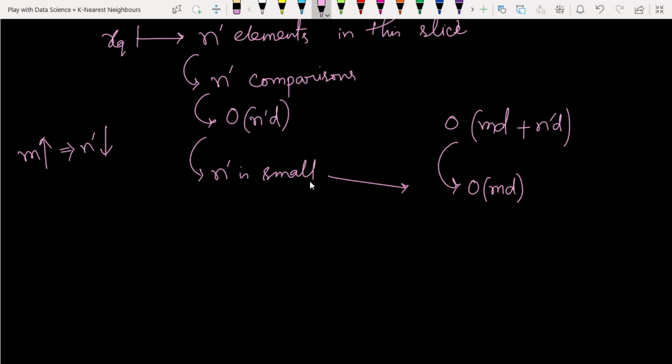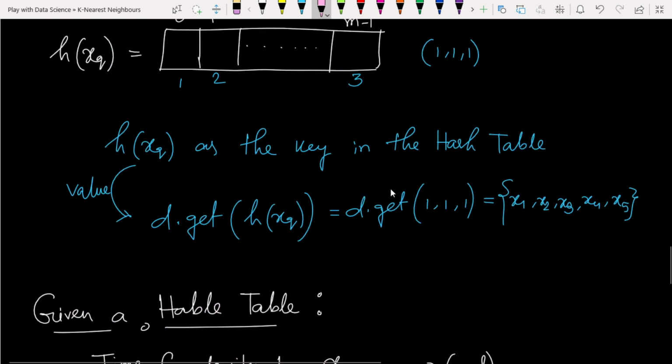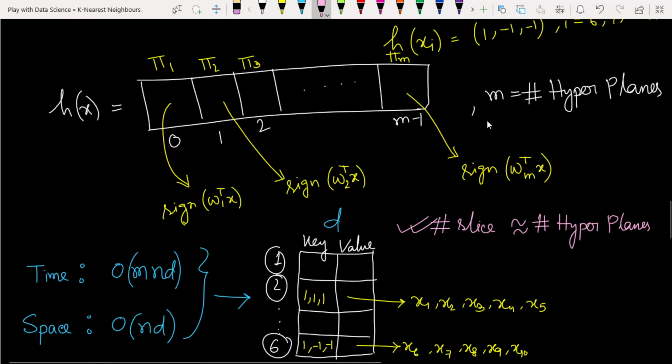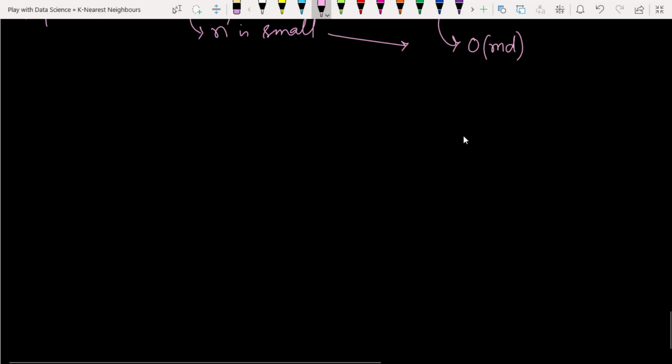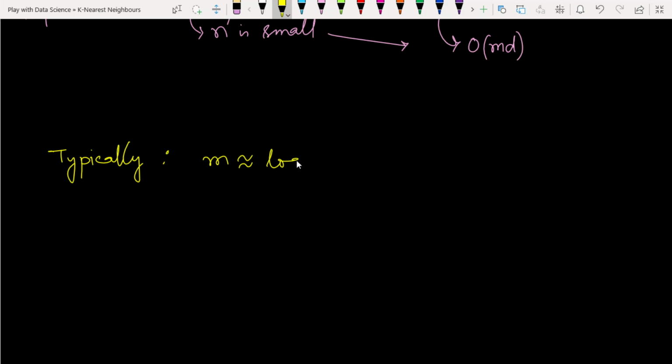But typically, how do we choose this m? How many hyperplanes should we choose? What will be the proper value? Typically, data scientists, mathematicians and engineers take the value of m approximately equal to log of n, the number of hyperplanes.